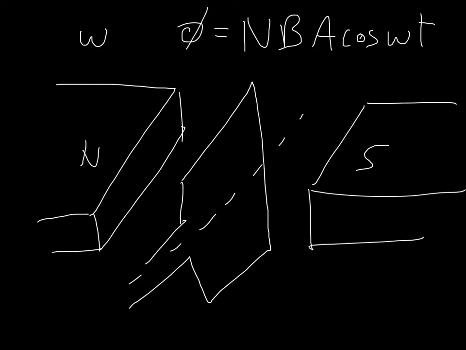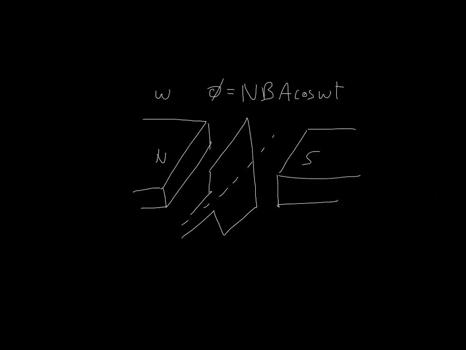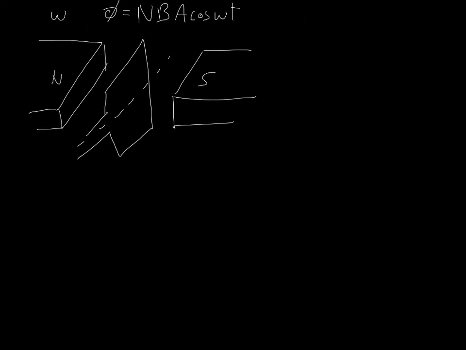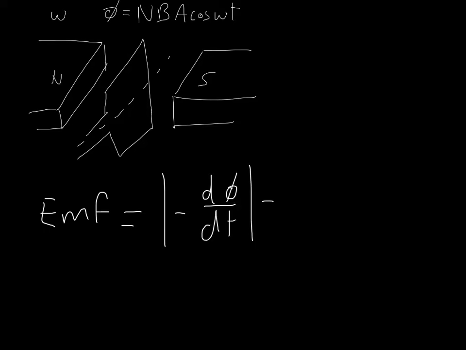This is our flux, and once we have our flux, we're done, because we can easily calculate the EMF that this generates. So let's do that. We know that the EMF, and I'm just going to calculate the absolute value so I'm not going to worry about negative signs, is the absolute value of the derivative of the flux with respect to time, and then I get N B A omega sine of omega t.